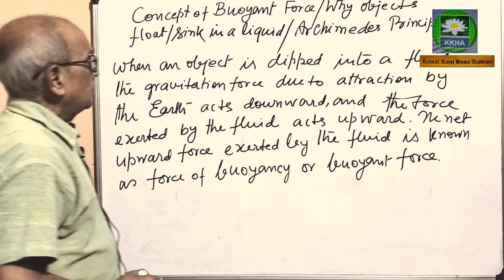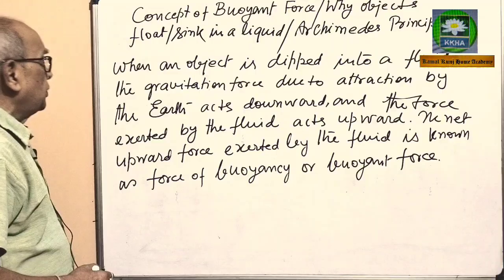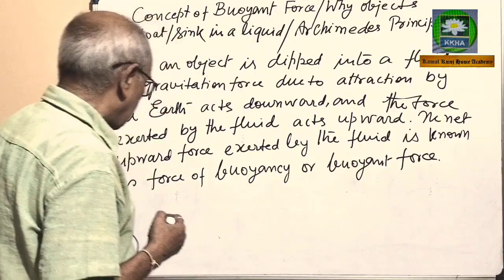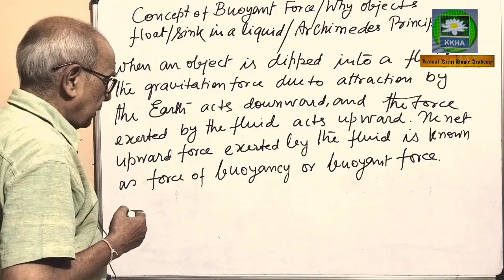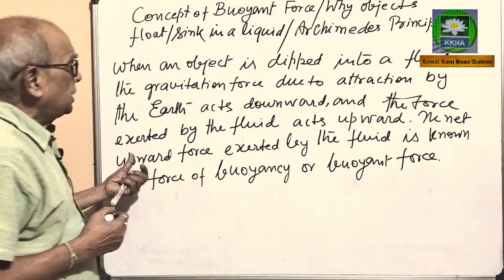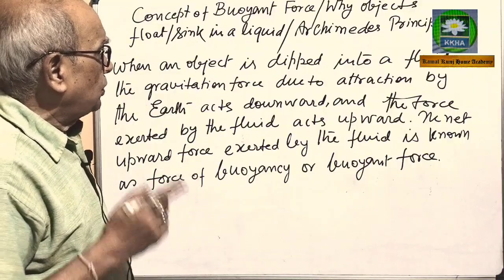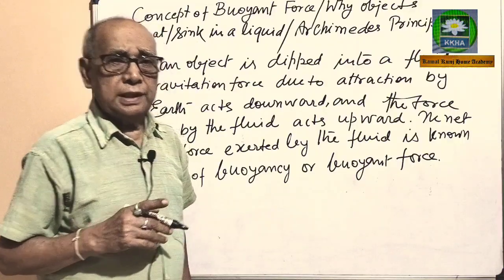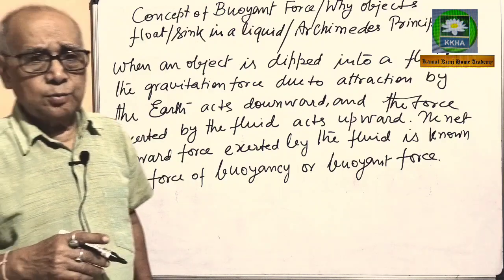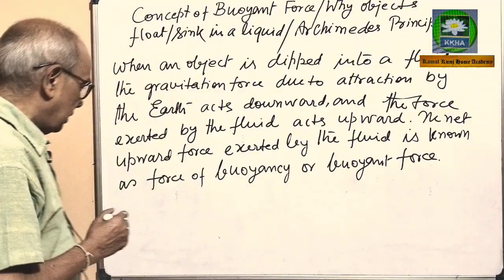Now this is the concept of buoyant force, why some objects float and some objects sink in a liquid. The reason is, when the object is put into a liquid, two types of forces act on it: gravitational force acting downward and buoyant force acting upward.